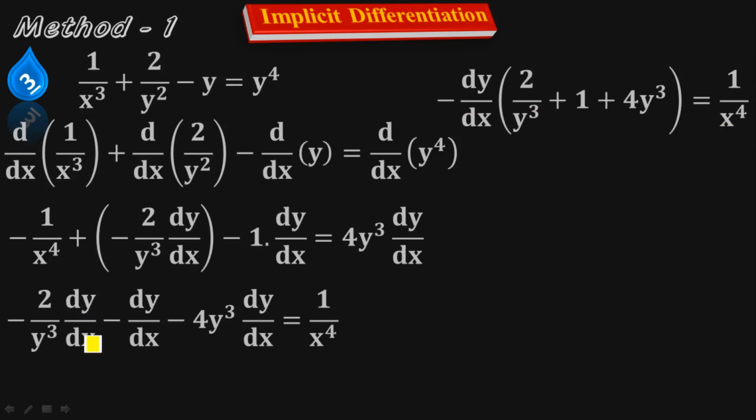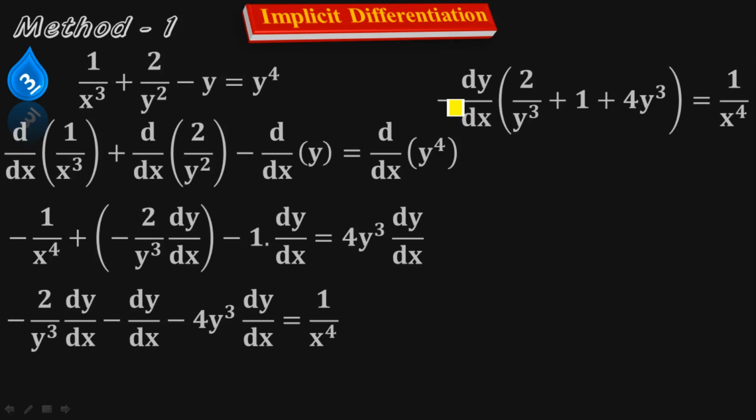By taking out dy over dx from this term, it becomes positive 2 over y cubed because I took negative common. Similarly, by taking dy over dx common from here, I am left with positive 1 because I took negative 1 common. Same thing happens here. I am left with positive 4y cubed because of this common negative.